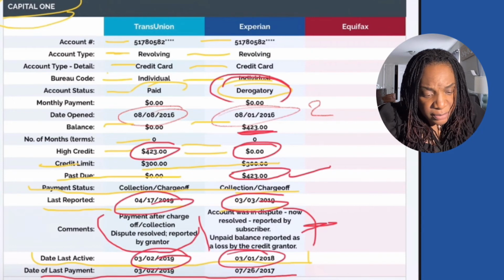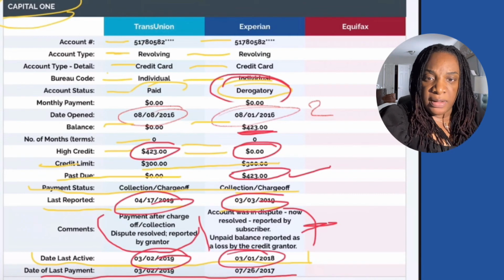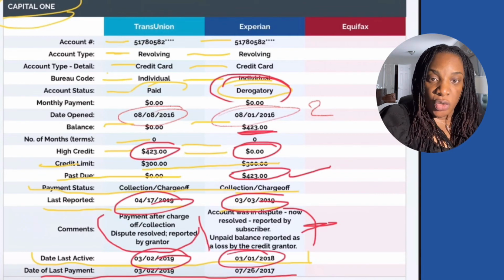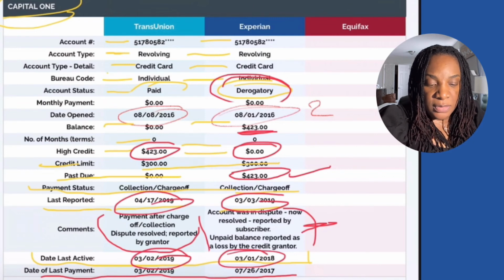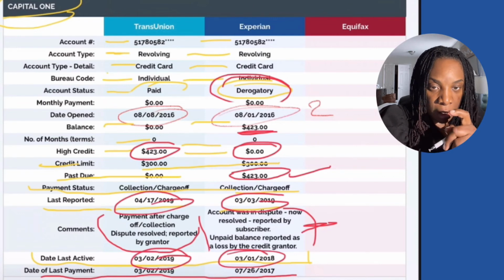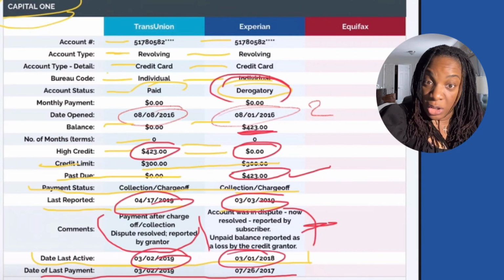You can say, hey, the date that you're reporting that this account was last active is incorrect. You're reporting the date of last activity incorrectly on my credit report. Please update this information or remove this information off of my credit report at once, please and thank you.